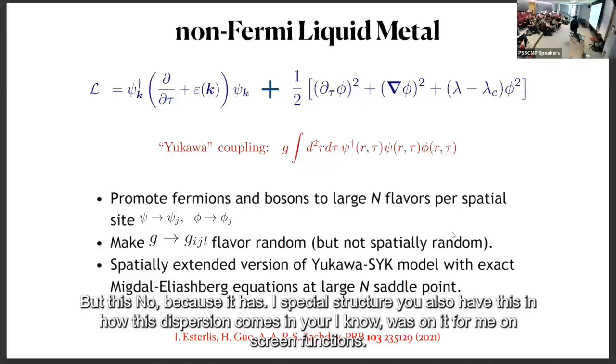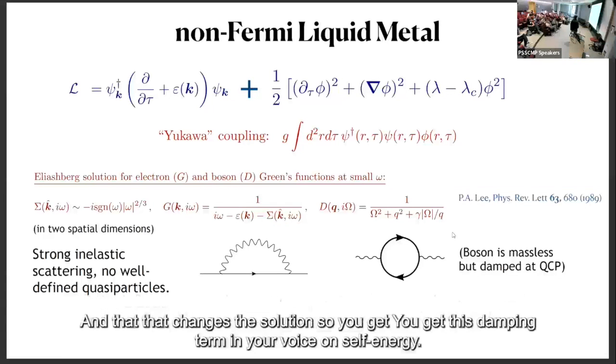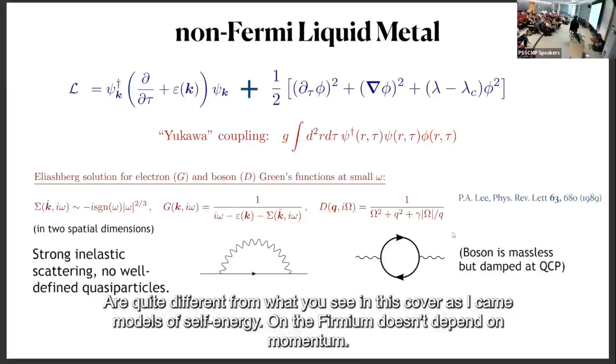But because this has spatial structure, you also have these dispersion terms in your boson and fermion Green's functions, and that changes the solution. So you get this damping term in your boson self energy, and you get a power law term in your fermion self energy, but the exponents are quite different from what you see in these SYK models.